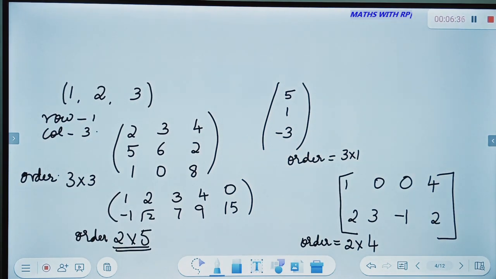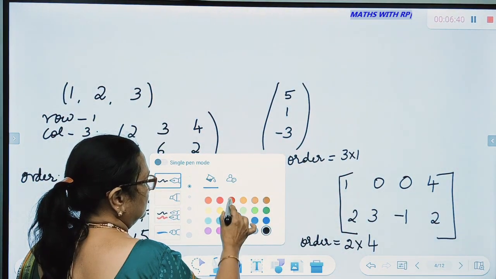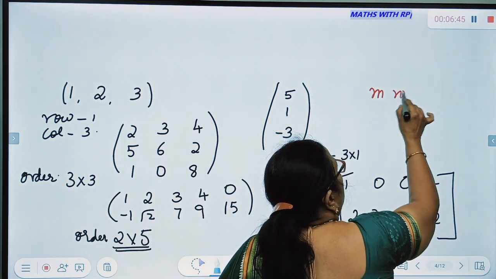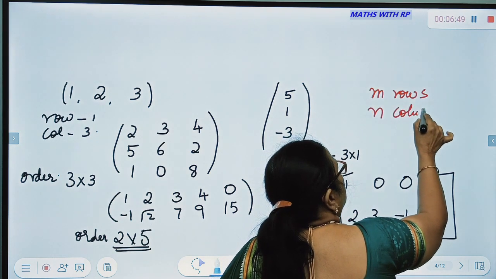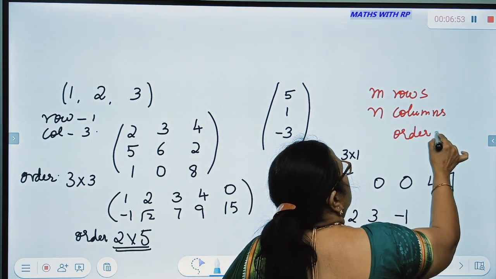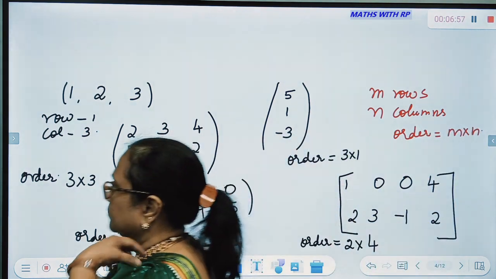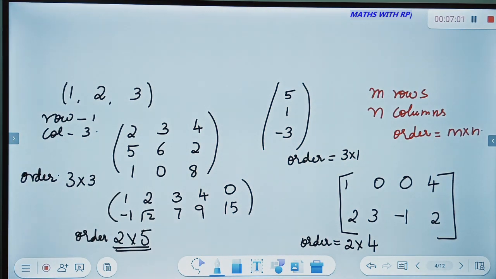So, if a matrix has m rows and n columns, then the order of the matrix is m by n. Now, in general, we are also going to see how to represent a matrix.